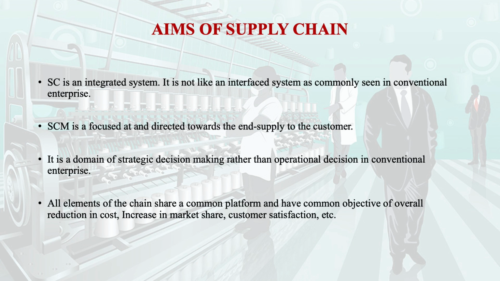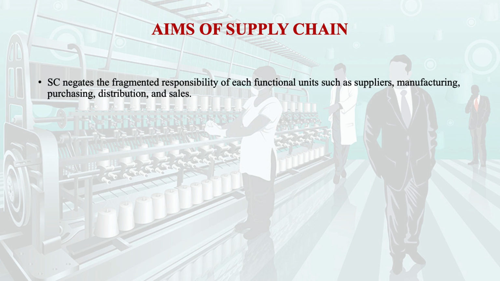All the elements of the chain share a common platform and have the common objective of overall reduction in cost, increase in market share, and increase in customer satisfaction. Supply chain negates the fragmented responsibility of each functional unit such as suppliers, manufacturing, purchasing, and distribution.